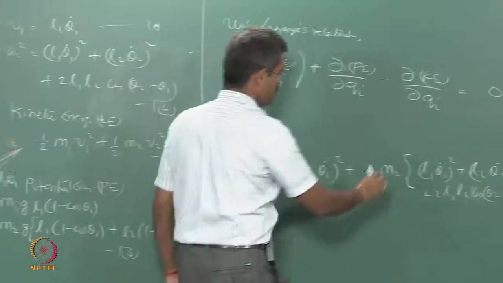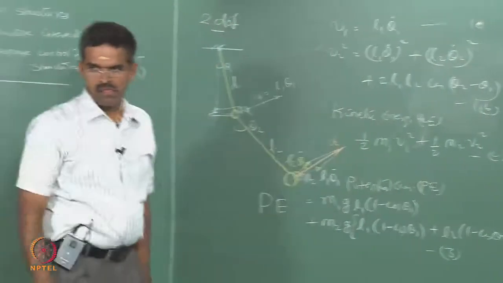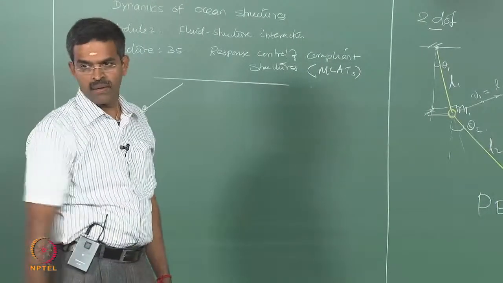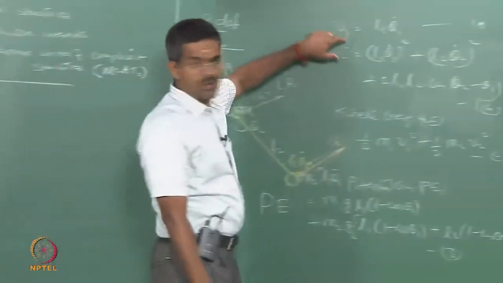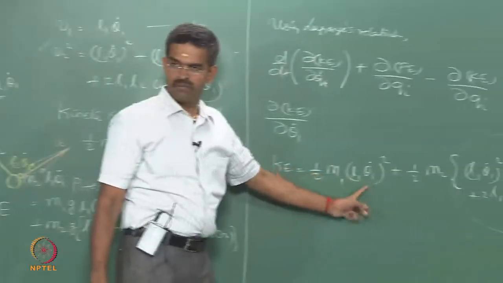This is already square, okay? See, this is square already, so I need not square again, but this was not squared, this is V1 only. So, I have squared it here, okay.